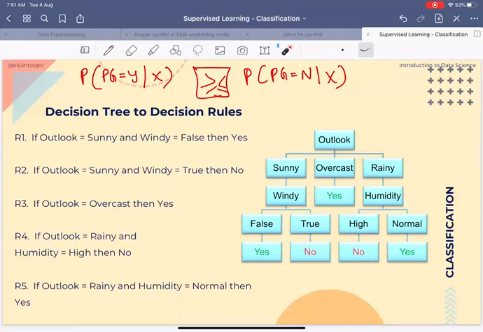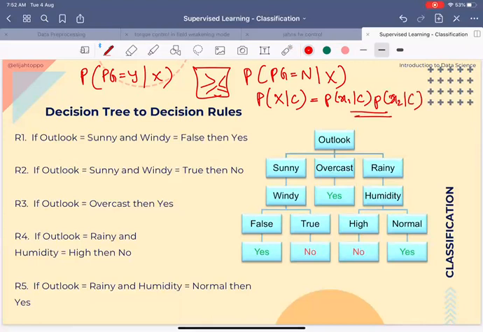We use a formula there, something like this. What is the probability of X given a certain C? We say this probability is equal to the probability of X1 given C multiplied by the probability of X2 given C. This is our naive assumption. So when data is correlated, this may not work out.